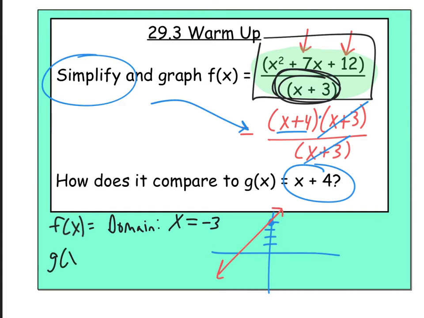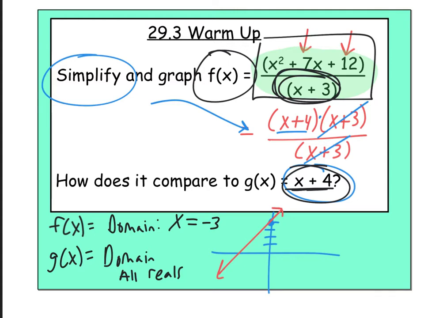But the function g of x, which is just the line x plus 4, its domain is all real numbers, because it's just a linear function, right? X plus 4, there's no problem. X could be negative 3 for that function, and you're going to get a y value out. Okay, so we just need to be careful when we graph the original f of x that we account for its domain restrictions. Okay, and let's take a look and see how we can do that.